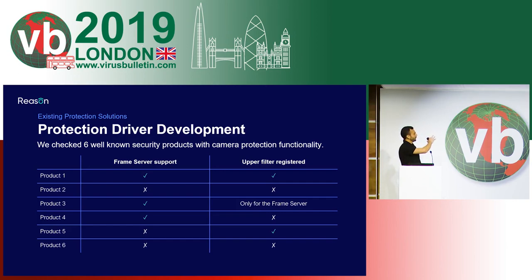We don't show the names here, basically because our aim is not to bash the products. Spoiler: there will be bypasses. The aim is not to say that the protection is not good enough. Our goal is to increase awareness and to show the weak points that can be improved in order to improve the protection of our users.